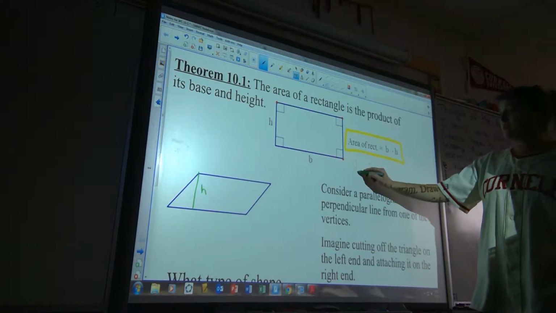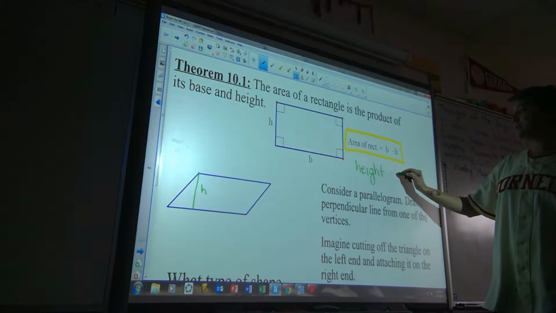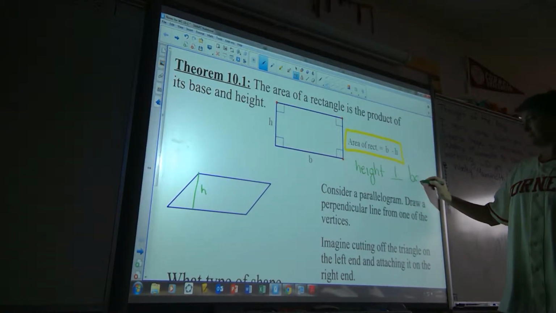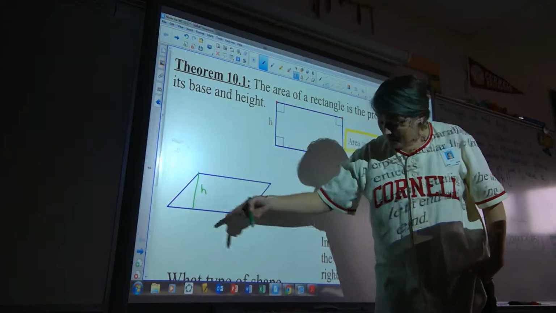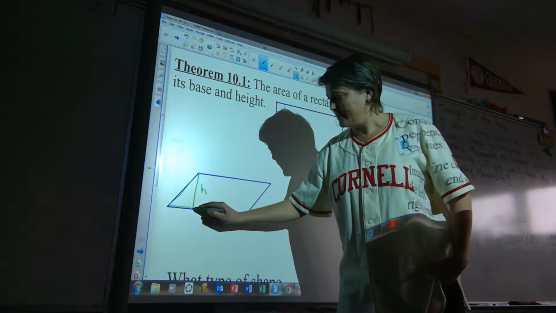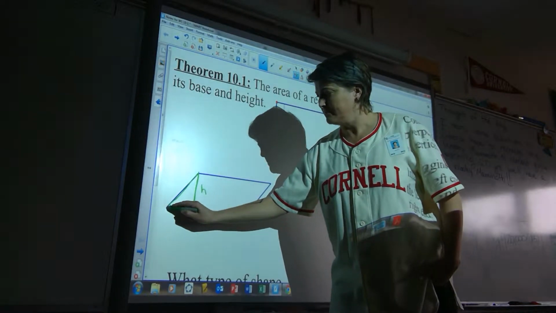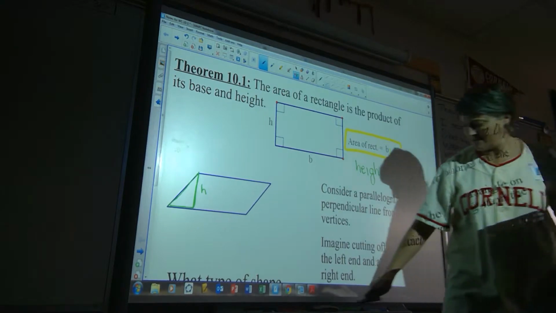So that's something to keep in mind, that the height should be perpendicular to the base anytime you're using the formula. So in a parallelogram, it's really the same formula, base times height, but I kind of want to prove to you why.